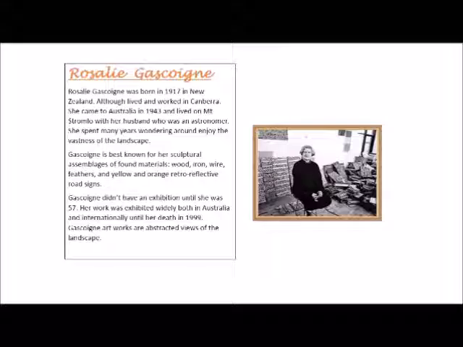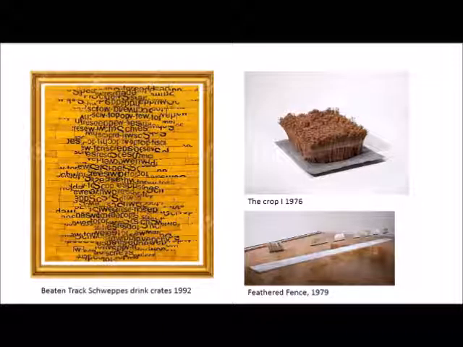Let's take a look. Here you can see, with just such simple material as yellow and black lines from the boxes, she's created an artwork that is simply beautifully poetic.